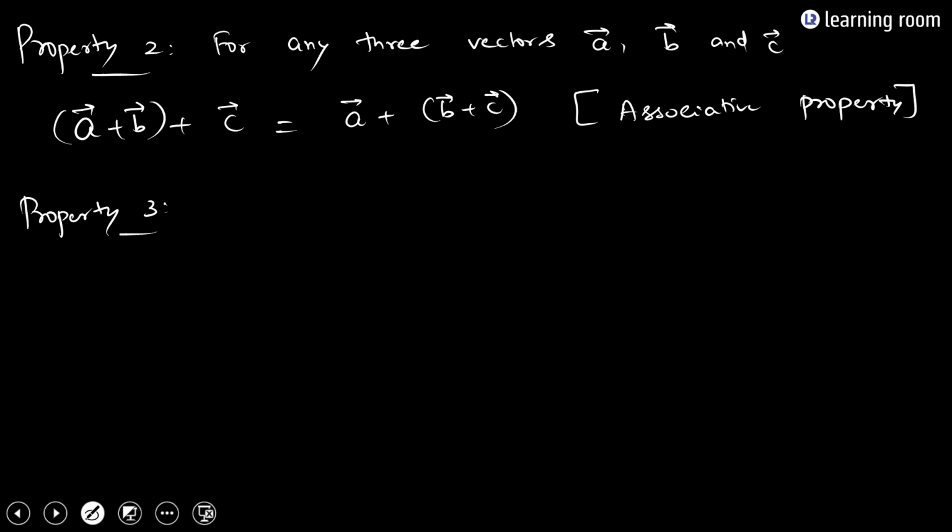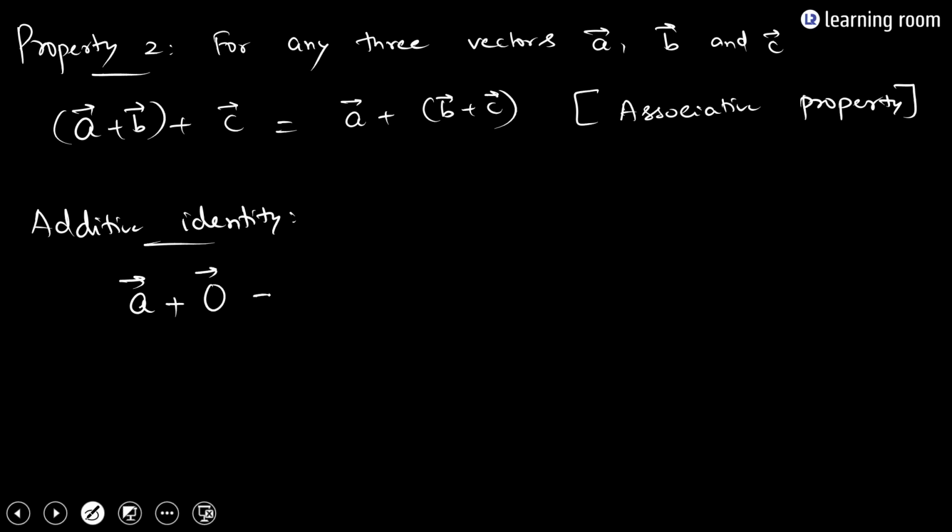Next is additive identity. To a given vector A, if I add another vector, it should give back A vector itself.